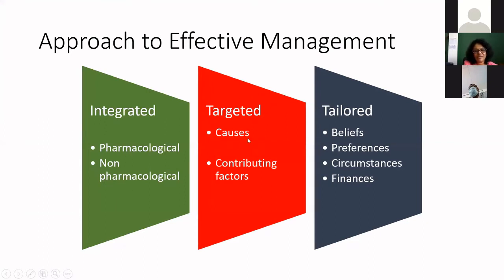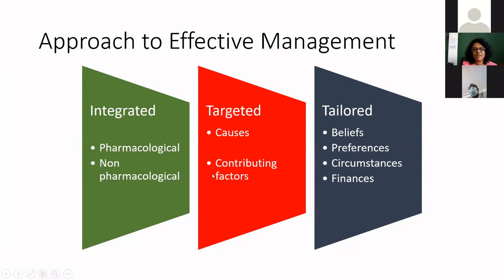We always target the cause, as I said. If the dyspnea is due to pleural effusion, we have to drain. If the nausea is due to constipation, we have to clear the bowel, right? We should target according to the cause as well as contributive factors.